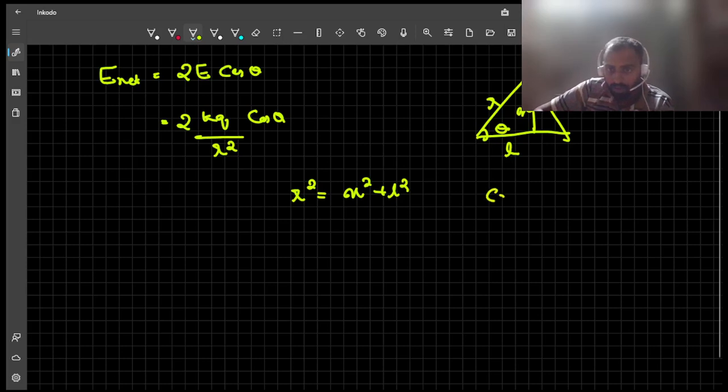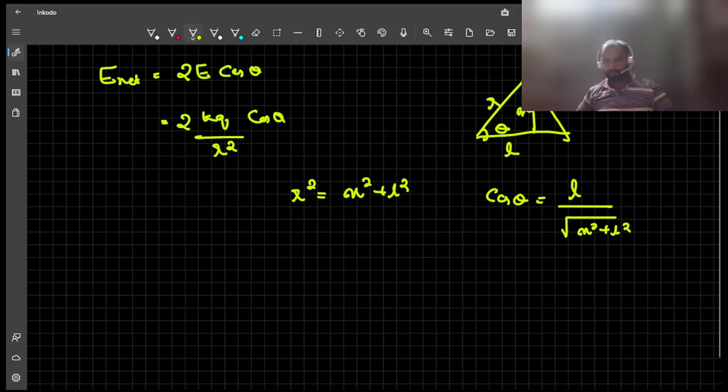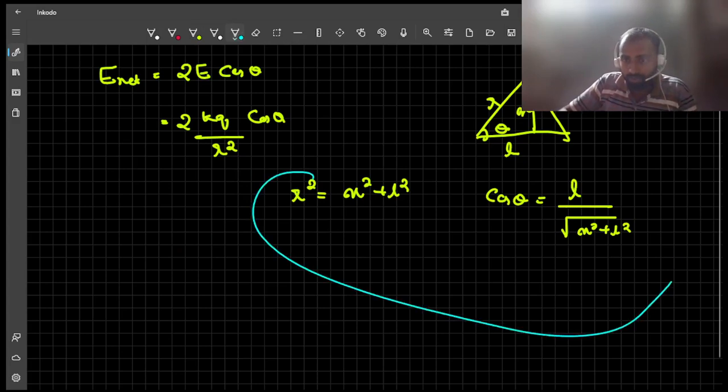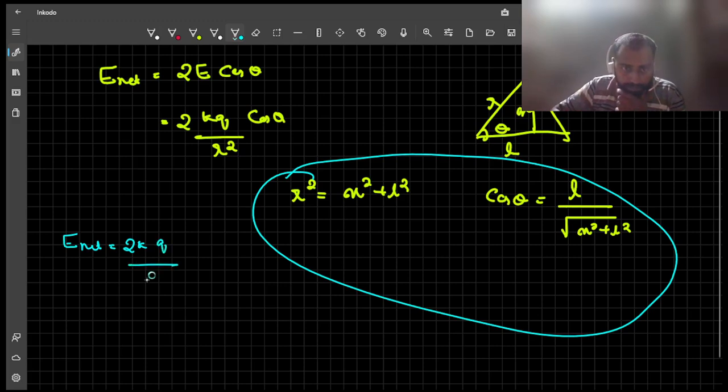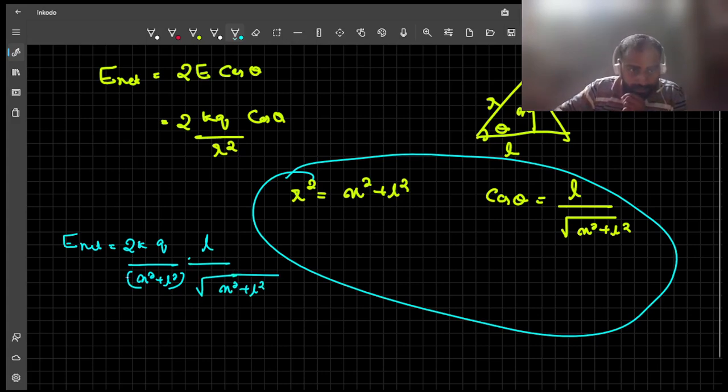Similarly, cos theta is equal to L by square root of x square plus L square, right? If I substitute these two into this equation, E net will be 2kq by x square plus L square into cos theta. Cos theta is L by square root of x square plus L square, right?